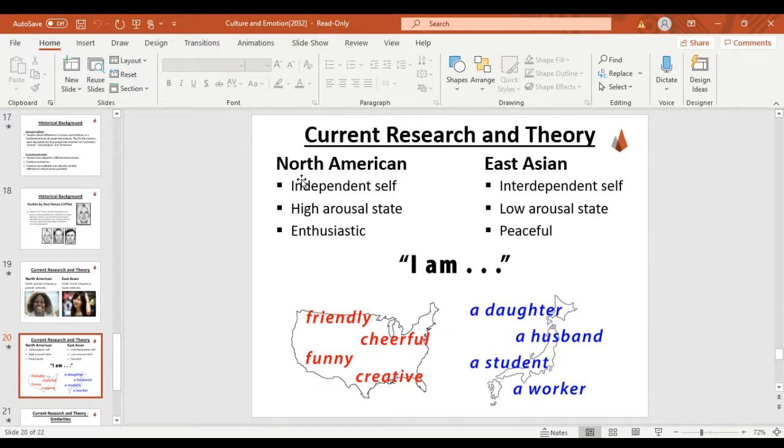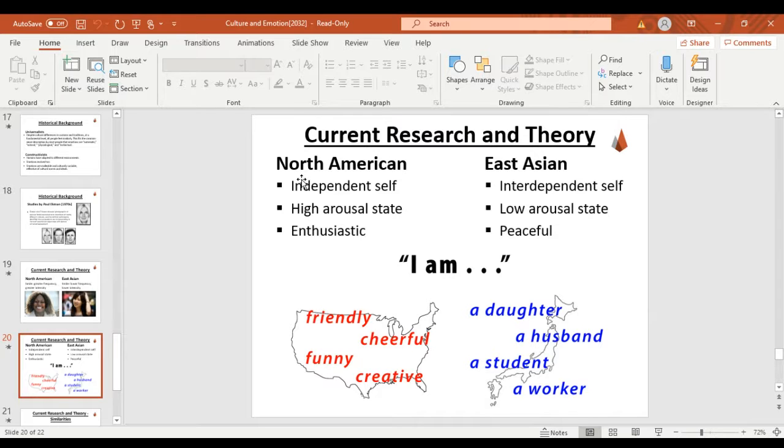So in independent, we have a high arousal state. We enjoy being aroused by food, by entertainment, by the fast-paced life of American life. Often we're seen to be enthusiastic, just go, go, go for me, versus doing things for others.